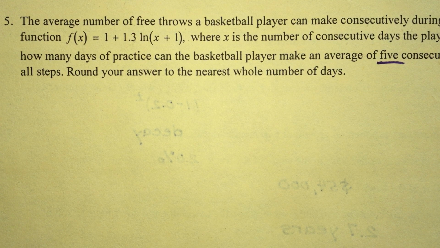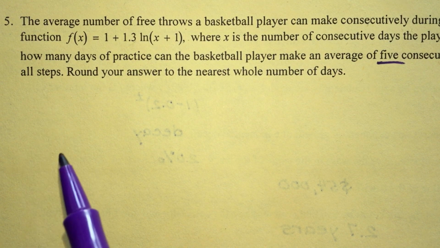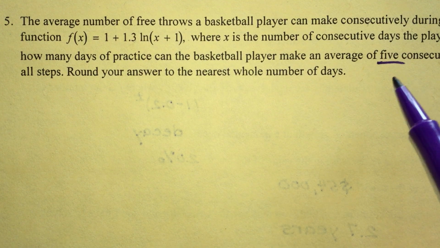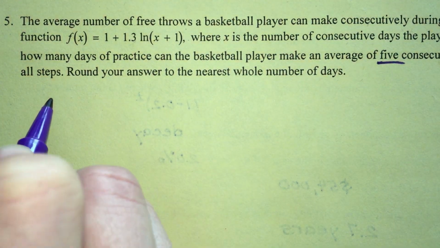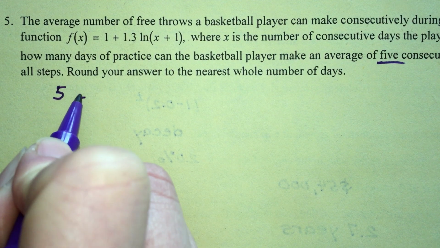So this function is modeling the number of free throws, and we want to know after how many days of practice they can make 5 consecutive free throws. So the y value, or the function value, is where we're putting that 5 into.